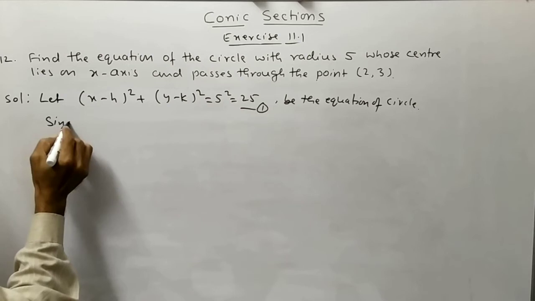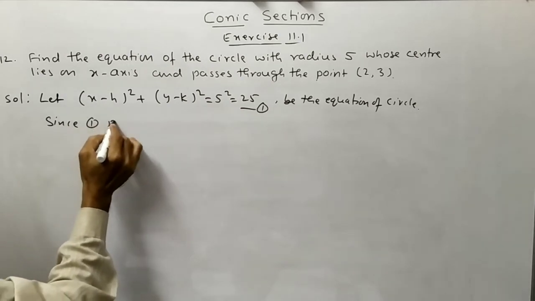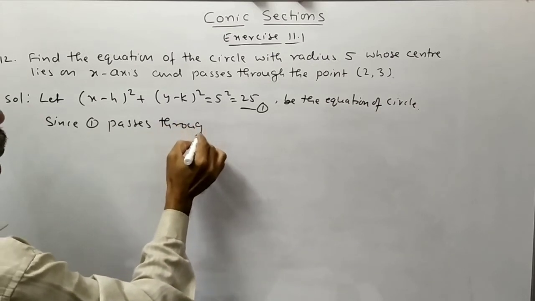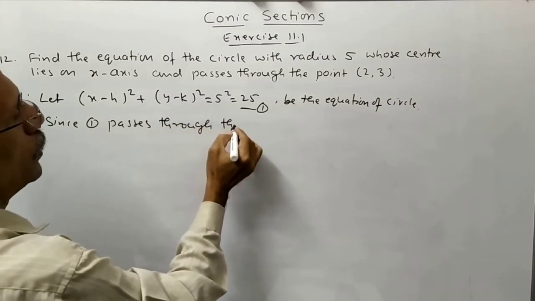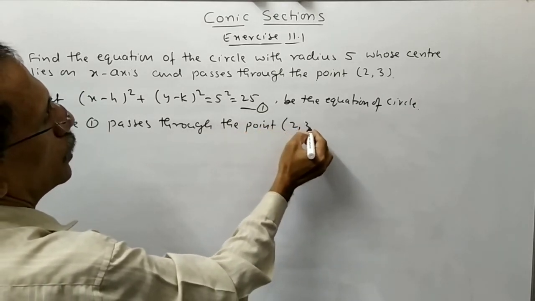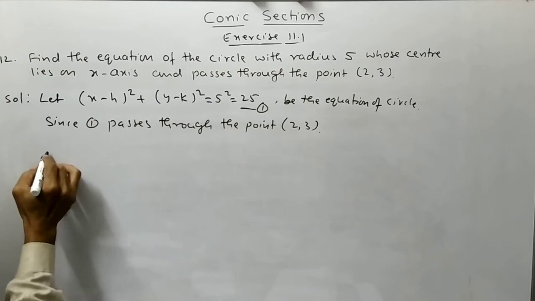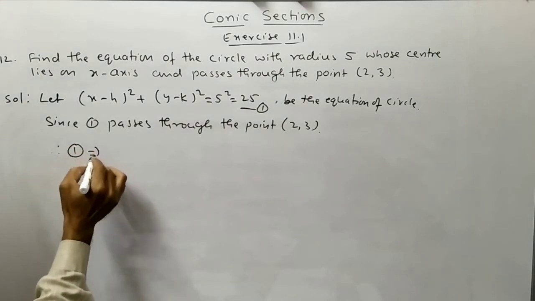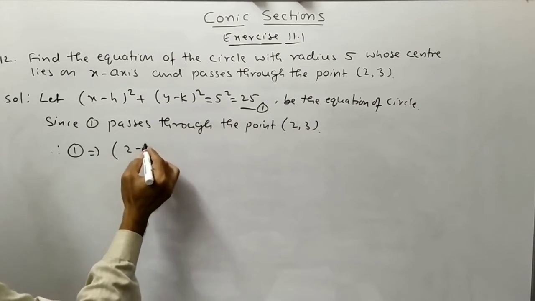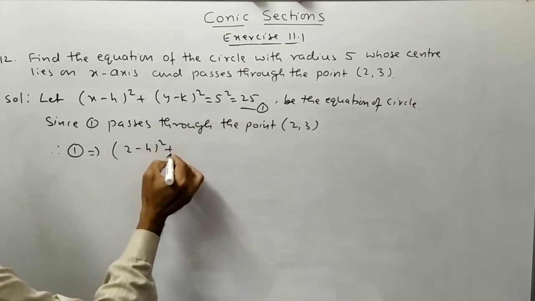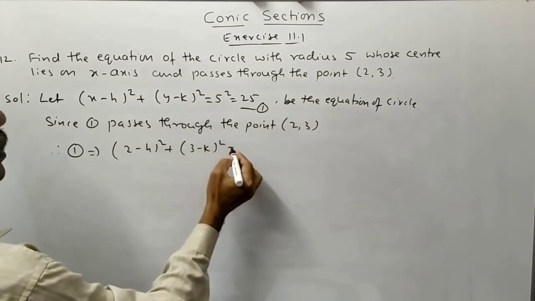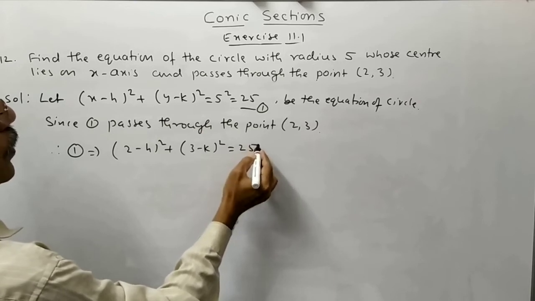Since 1 passes through the point with coordinates (2, 3), therefore 1 implies (2 - h)² + (3 - k)² = 25.